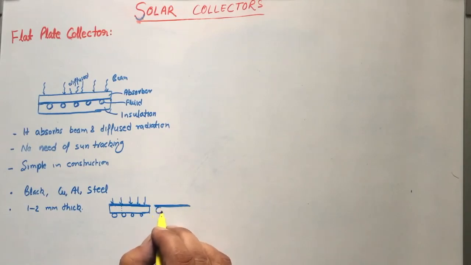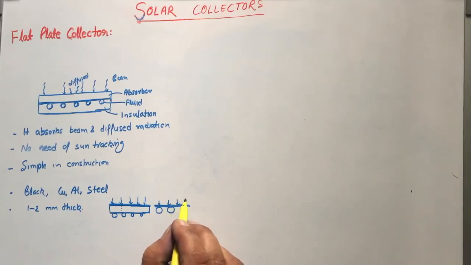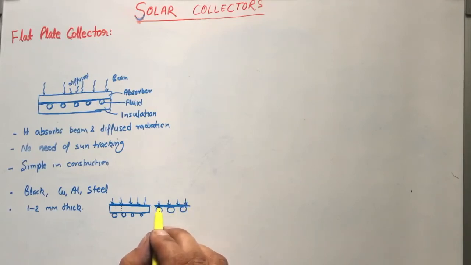So if it is minimum thickness, then the fluid is attached directly to that, and the heat that is absorbed by the absorber directly from the radiations will be transferred from here to the tube directly through the conduction process, and from tube to the fluid through the convection process, without losing much.